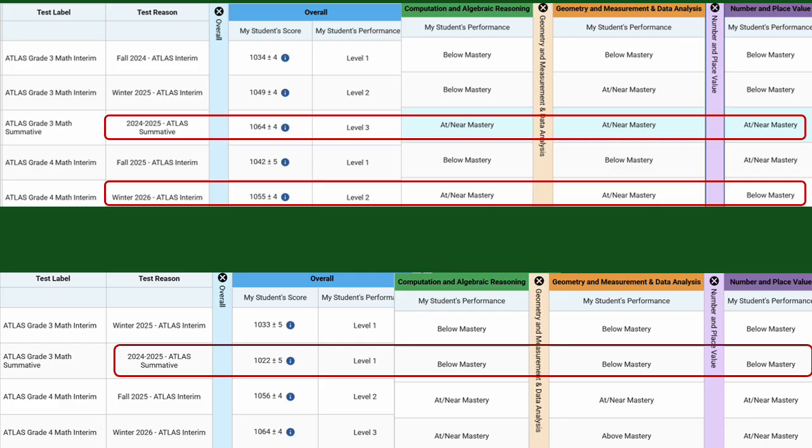Both students start the fall, and the student on the top who had the proficient score was below mastery, and at or near mastery. And then by the winter, they were at or near mastery in two of the three areas, but a different one from what they had done in the fall.